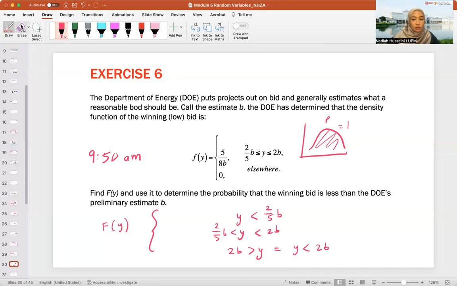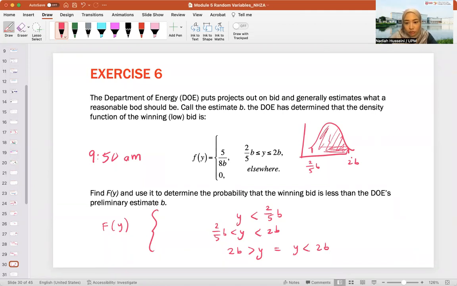Okay, let's try to visualize this. I have a curve. My curve exists from, let's say, 2/5b to 2b, right? So you're saying 2b is greater than y, meaning y is less than 2b. So y has to be before 2b, right?